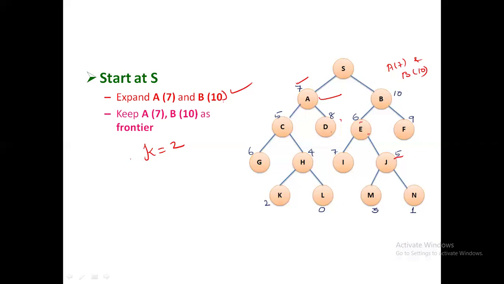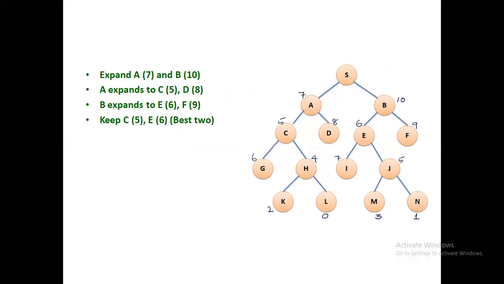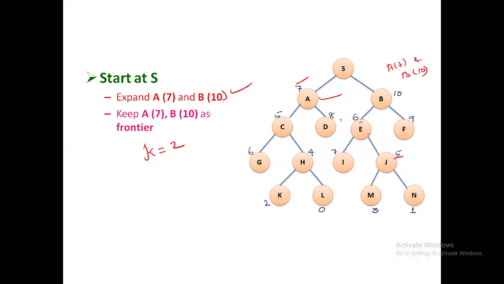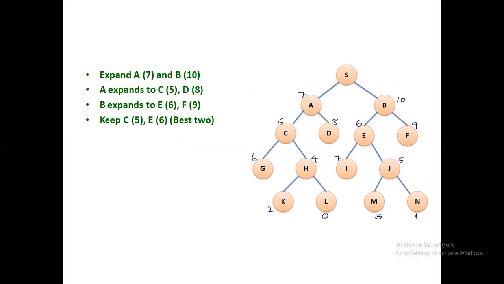So now the frontier list contains A of 7 and B of 10. In the next step, we are going to expand the nodes A and B.